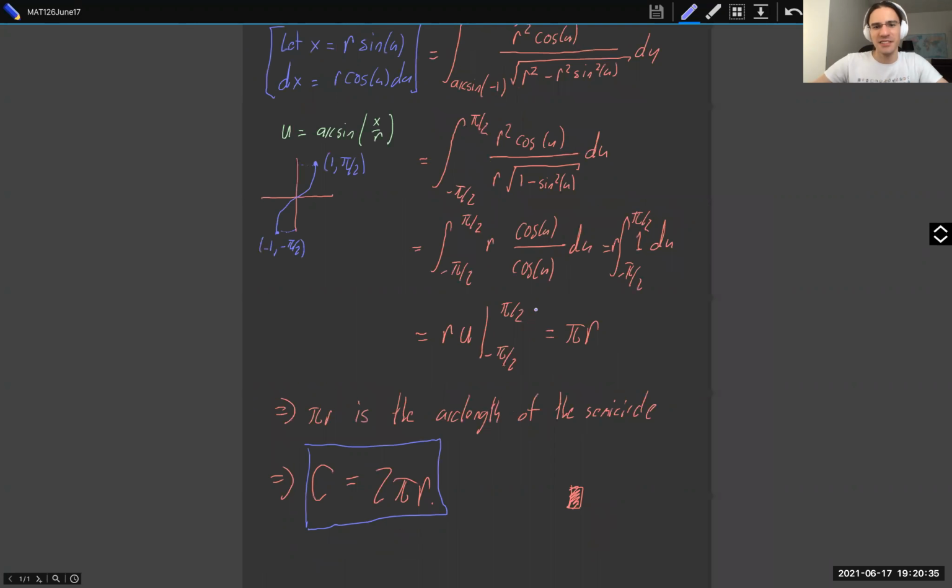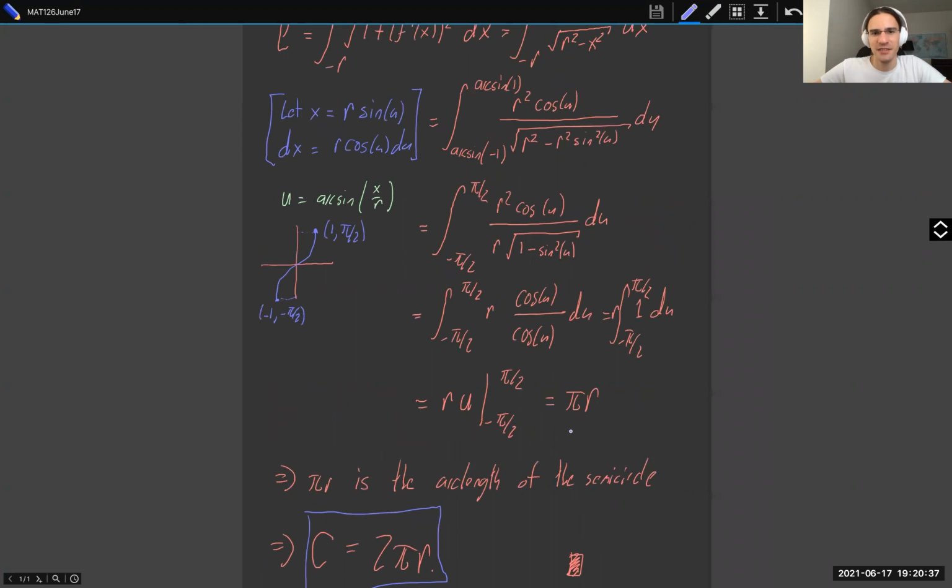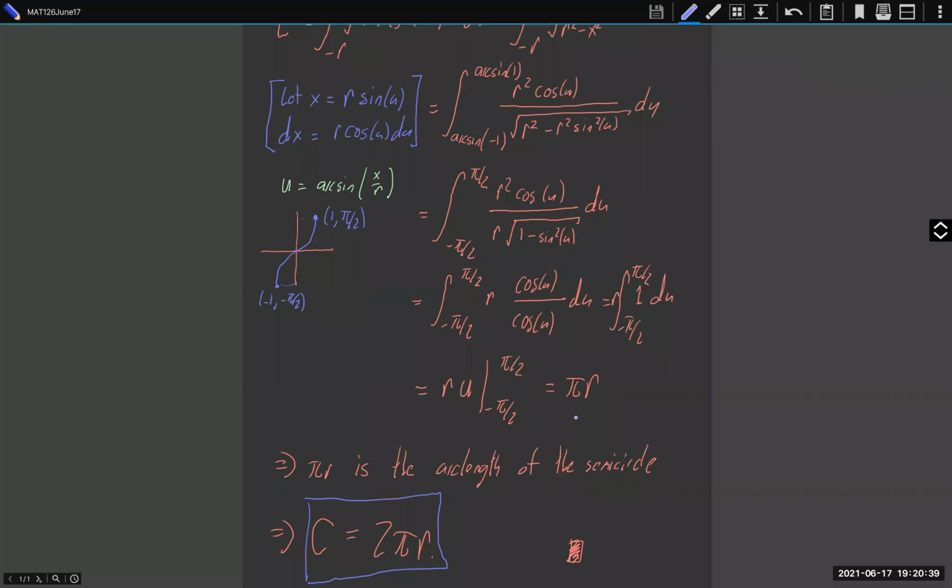Any questions? I have a question. It might be a stupid question, but obviously C is the circumference, and I know that we use C for the constant too. Is there a way to differentiate between the two, or it doesn't matter since we're not using both of them in one equation, in one problem? Right.